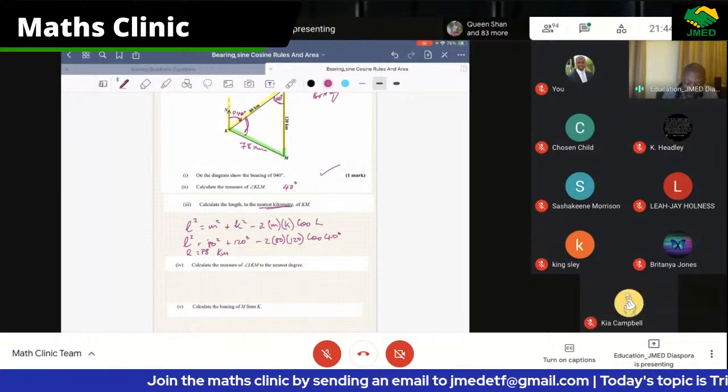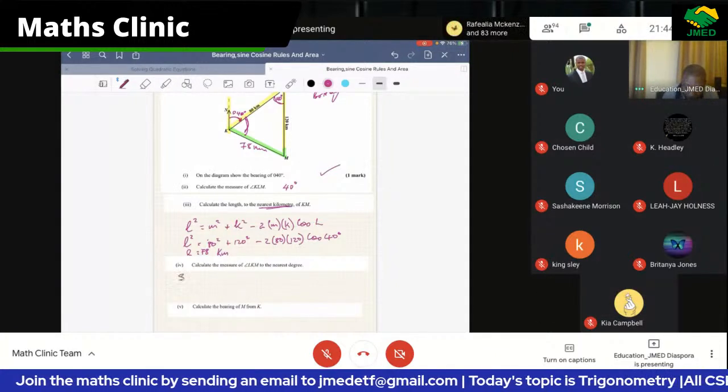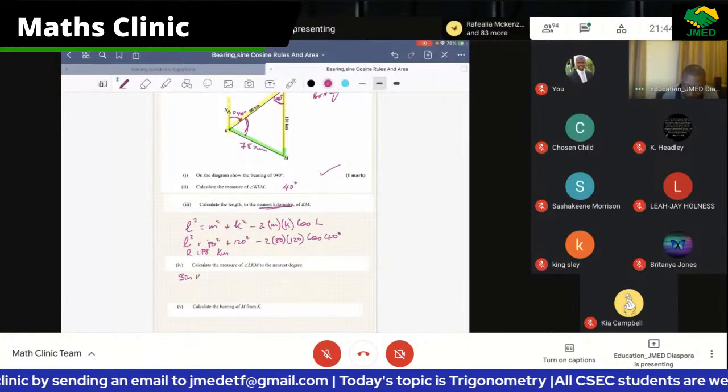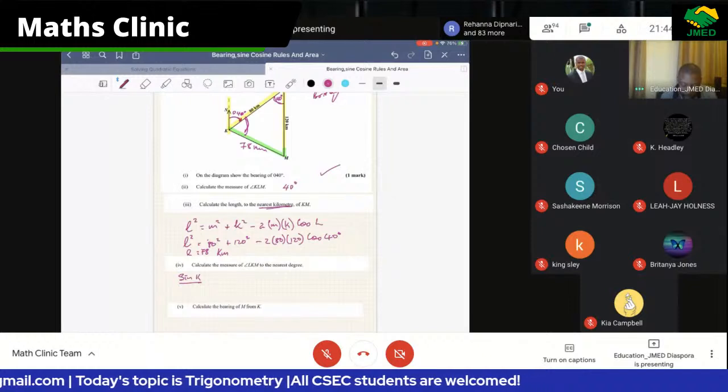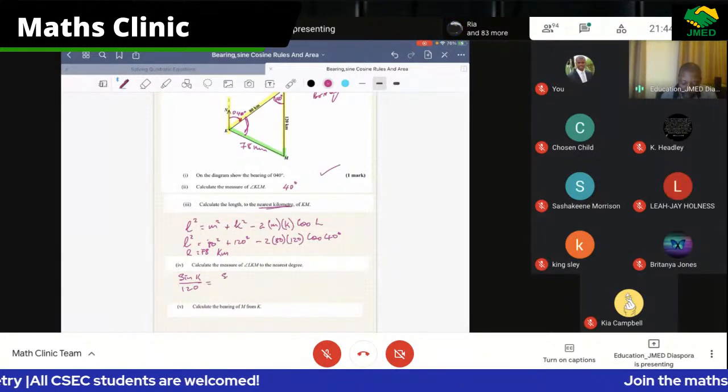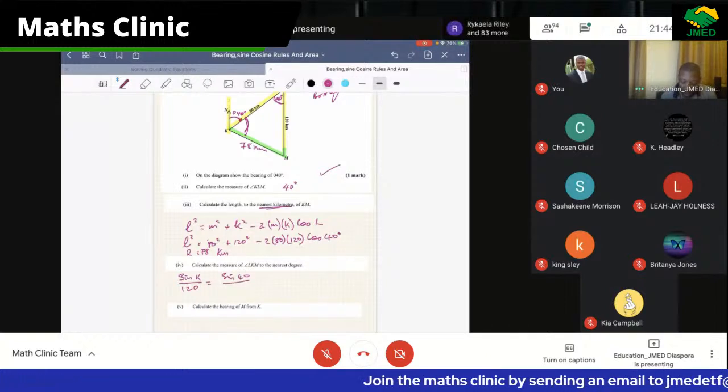So I want to find sine K over 120 is equal to sine 40 over 78.